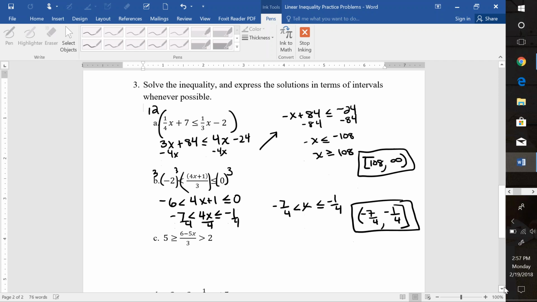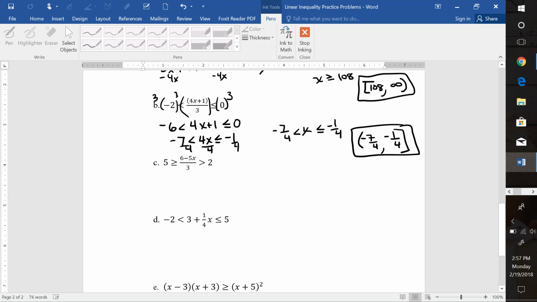Okay, let's do C. Similar idea, we're going to multiply everything by 3 first. So this would be 15 is greater than or equal to 6 minus 5x greater than 6. We're going to subtract 6 from all the sides. So that'll be 9 greater than or equal to negative 5x greater than 0.